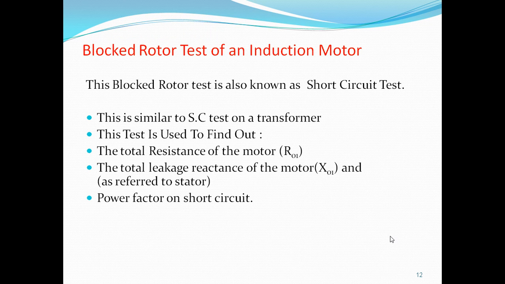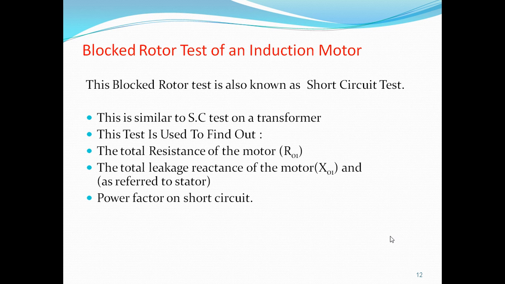So the locked rotor test is also known as the short circuit test. It is used to find out the total resistance of the motor, that is R01, and the total leakage reactance X01 referred to the stator, and the power factor on short circuit.